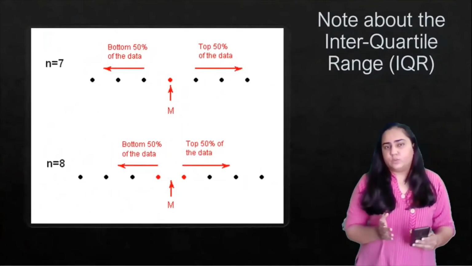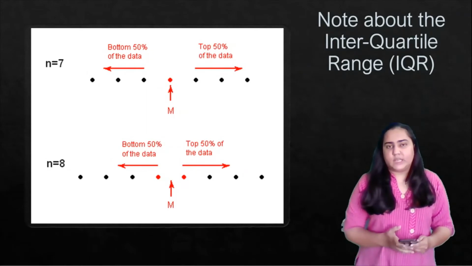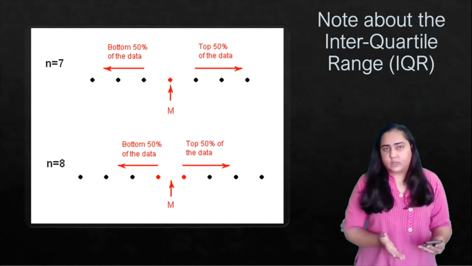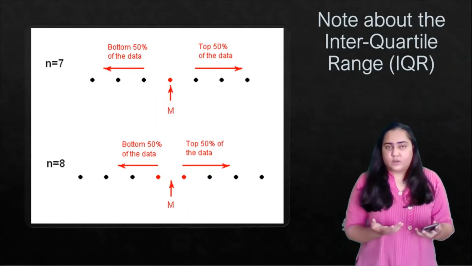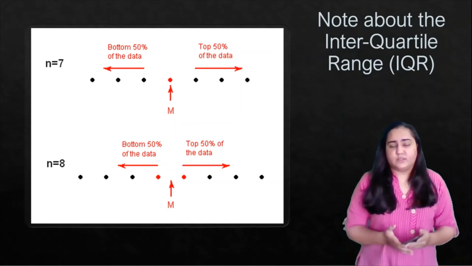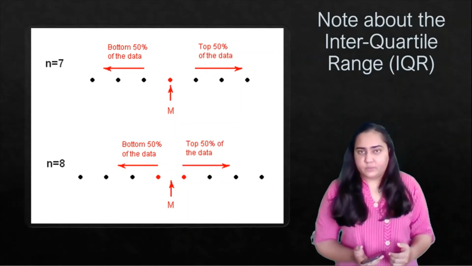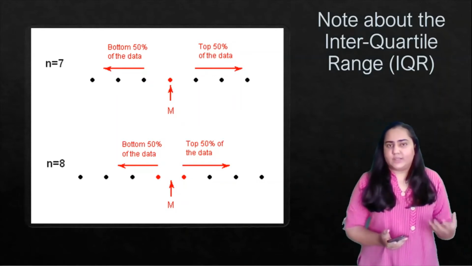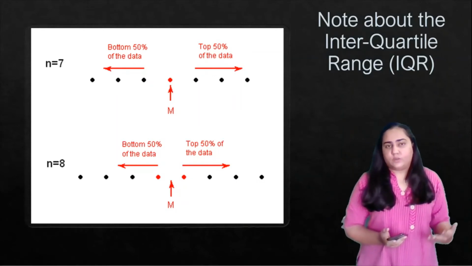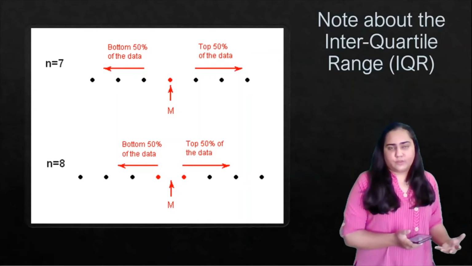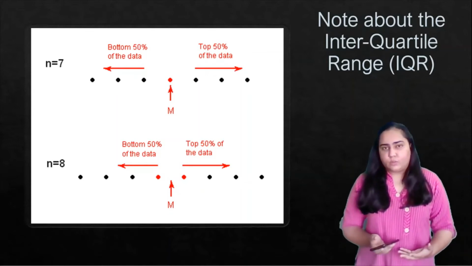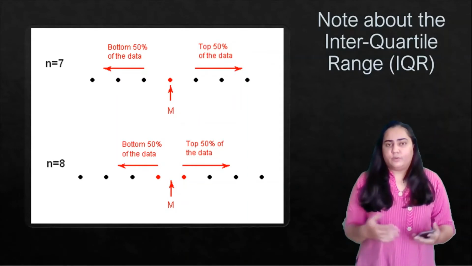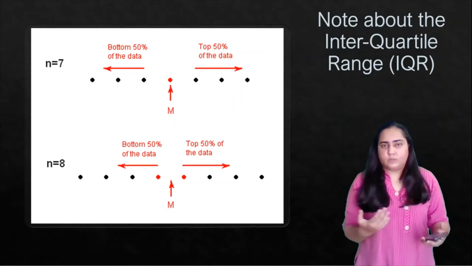One thing you would want to note is how the data is actually divided. It depends on the median. We know that when we have to find the median, the calculation slightly varies based on whether you have an odd number of data items or an even number of data items. So in both cases, the calculation can be slightly different.